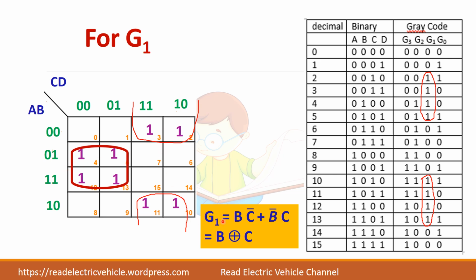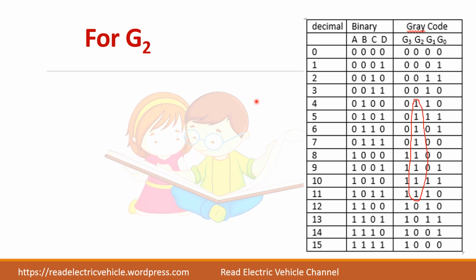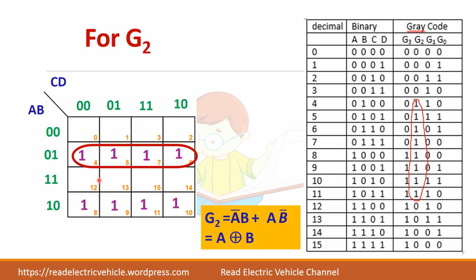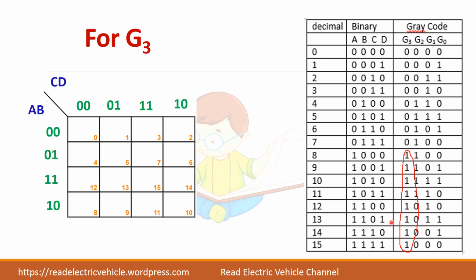So now we can find G1 is equal to B exclusive OR C. For G2, mark the ones together. We are getting G2 is equal to A exclusive OR B. For G3, you can mark the ones together and G3 is directly equal to A.